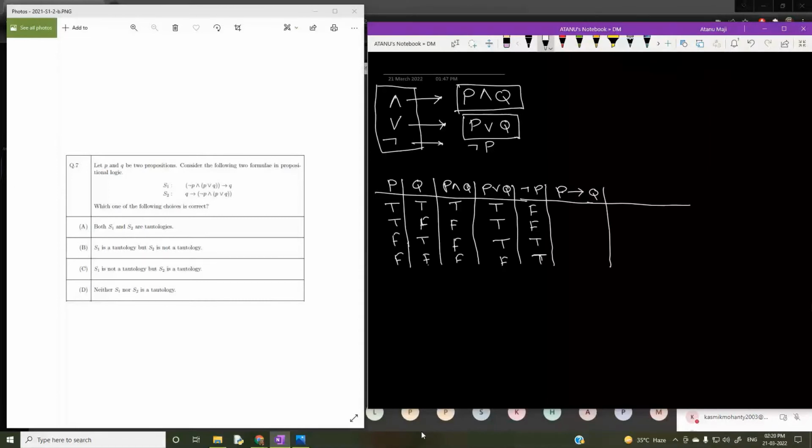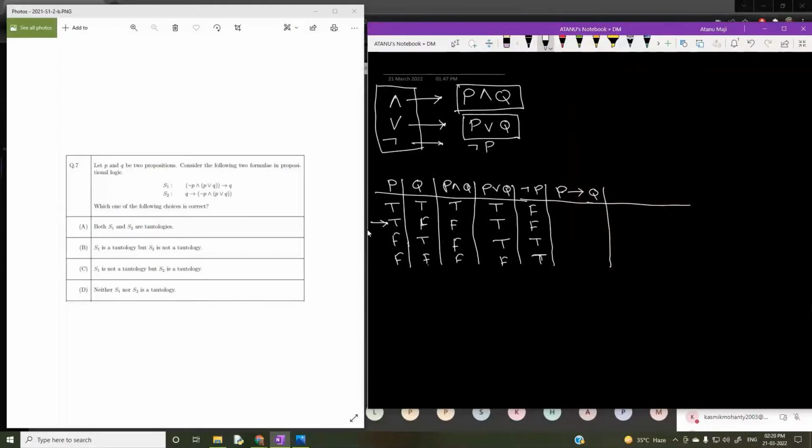So this will be false when P is happening but Q is not happening. Exactly the same scenario we get in the second row, when P is true but Q is false. That means P is happening but Q is not.